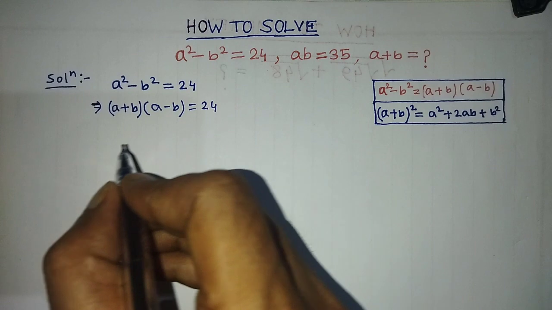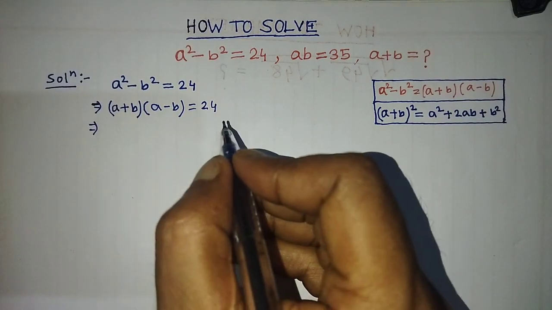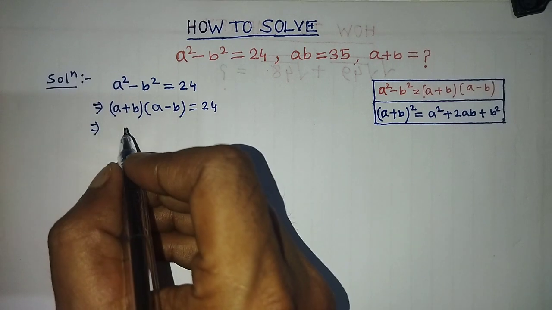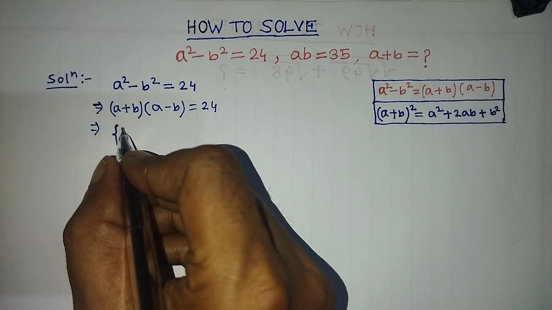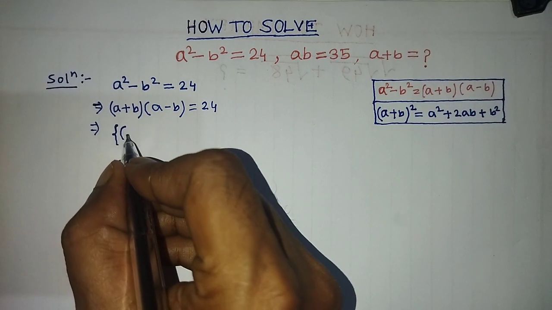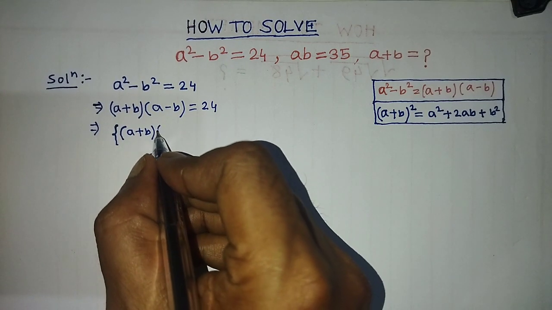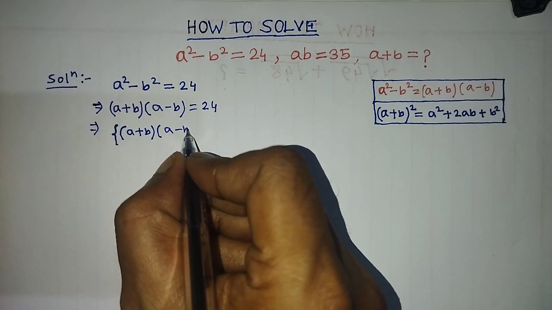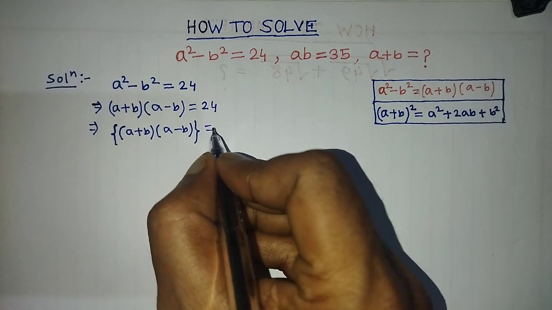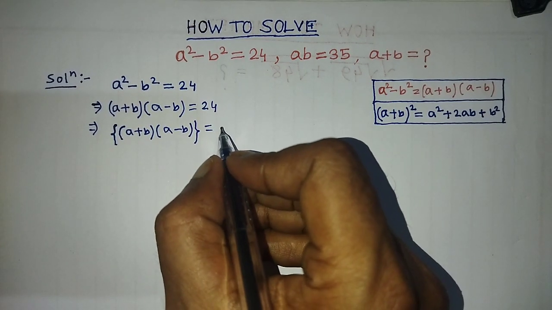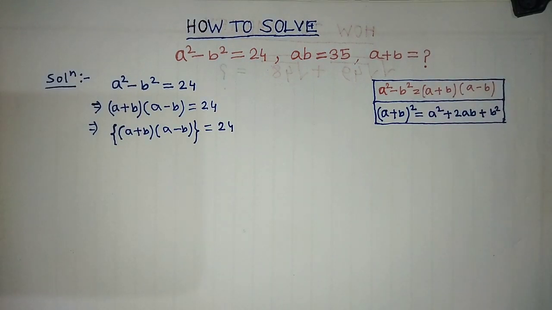Okay student. So my dear student, after that we have to take square on both sides. So on the left hand side we write the second bracket, and under the second bracket again we write a plus b into a minus b, and again the second bracket, and is equal to, on the right hand side again we write 24.